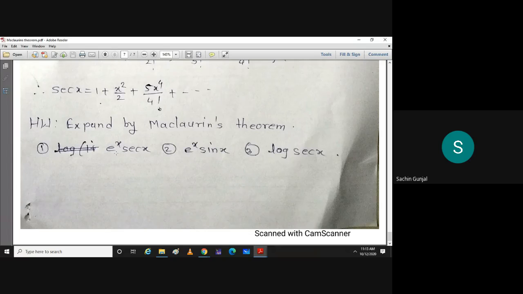Can you tell me how you expand this? Anybody? So we will take log. Okay, can we do the UV method, taking e raised to x as u and sec x as v? Any other choice?